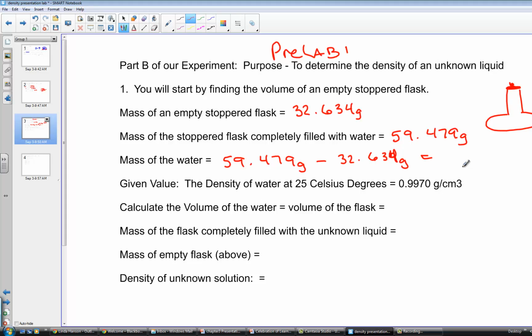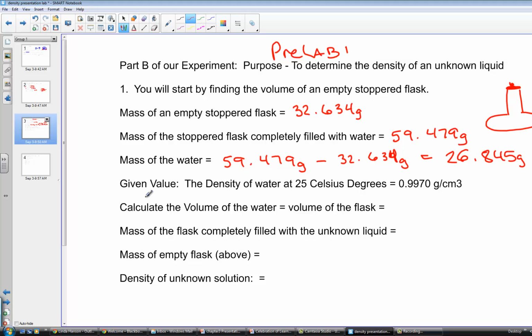Find 59.479 and subtract out 32.634. Did you find 26.845 grams? And that is the mass of our water. How much water can this vessel contain?